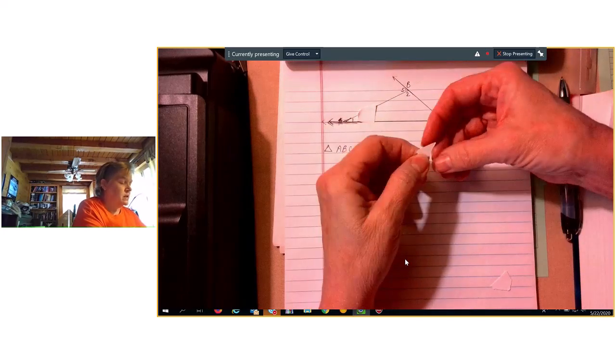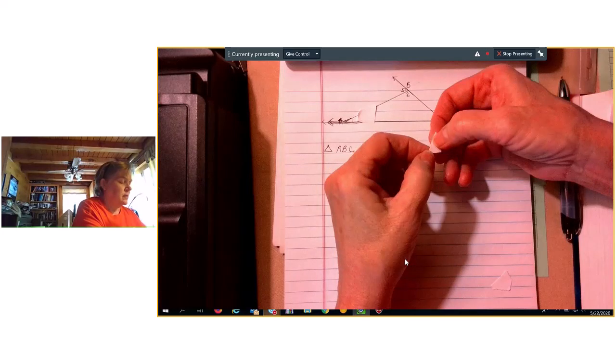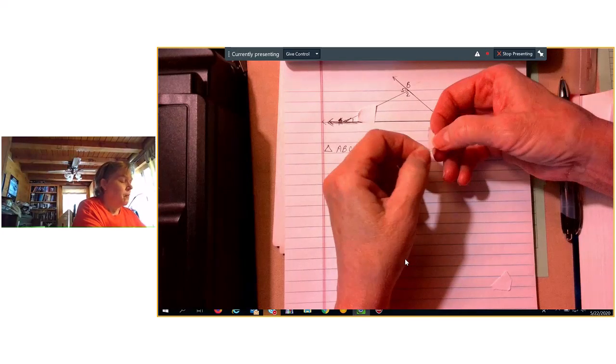Make sure you remember which one is the piece that was actually on the triangle and not the piece that you cut off.